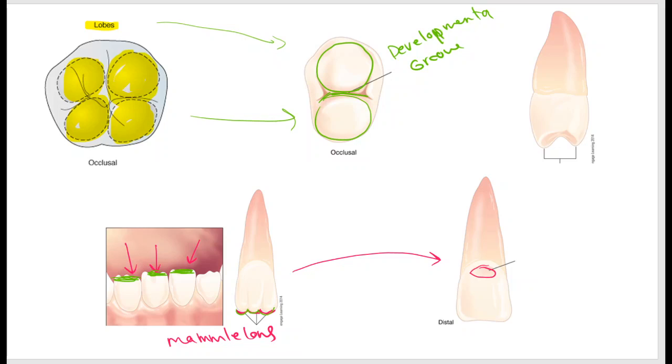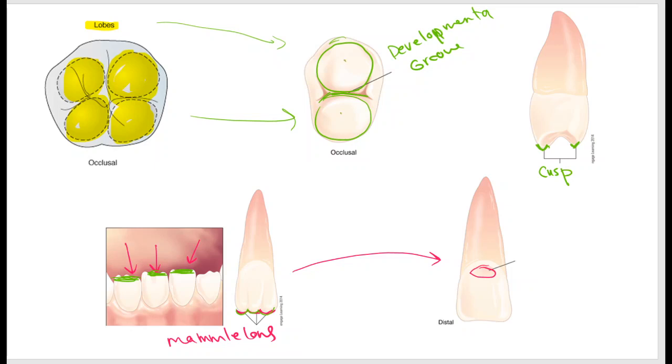And again, these lobes mainly form the cusps, and we know the cusps are the elevation on the enamel surface of the tooth, and they are mainly a lobe growth. So these are cusps. This is a cusp, this is a cusp.